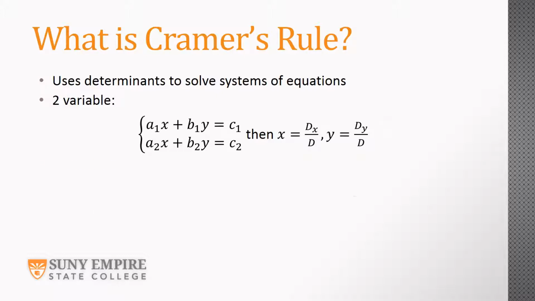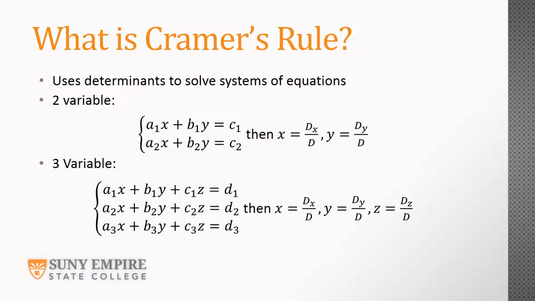If we have 3 variables, then we have the system a sub 1 x plus b sub 1 y plus c sub 1 z equal to d sub 1, a sub 2 x plus b sub 2 y plus c sub 2 z equal to d sub 2, and a sub 3 x plus b sub 3 y plus c sub 3 z equals d sub 3.